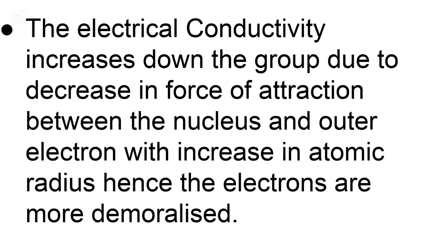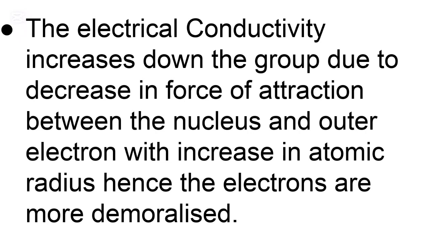The electrical conductivity increases down the group due to the decrease in forces of attraction between the nucleus and the outer electron, which increases with atomic radius, hence the electrons are more delocalized. We know electrical conductivity is a result of the delocalized electrons.